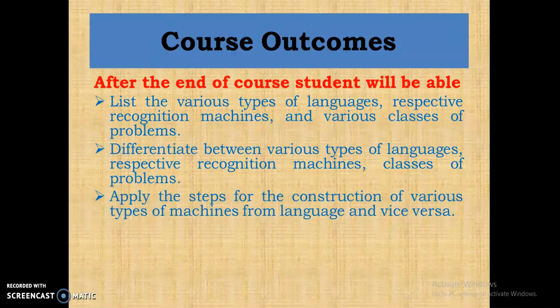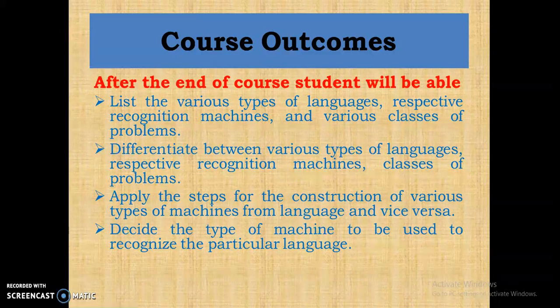Okay, now you can apply the steps for the construction of these machines. Okay, automata, we call them automata here, right? So you will know how the automata construction is going to happen. Okay, and if I want to convert from the language to the automata or grammar to the automata, that is also something you are going to look at here, right? Now also you will decide the types of machines that are going to be used for a particular language, right?